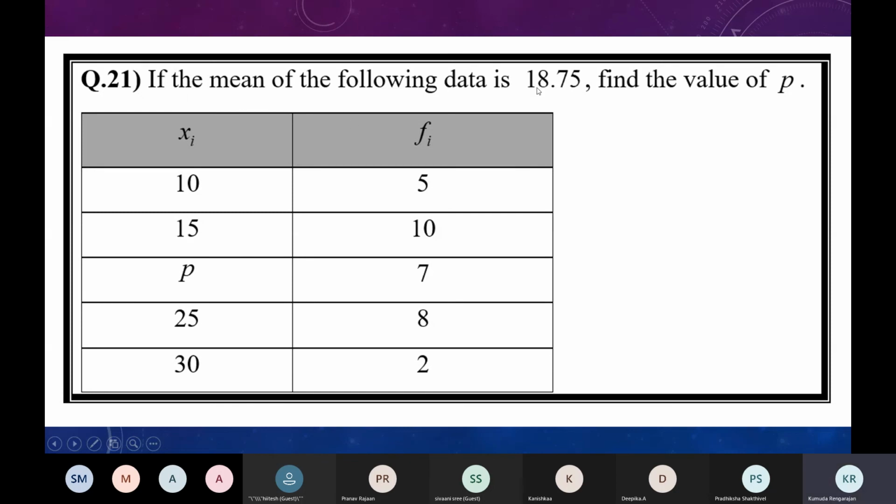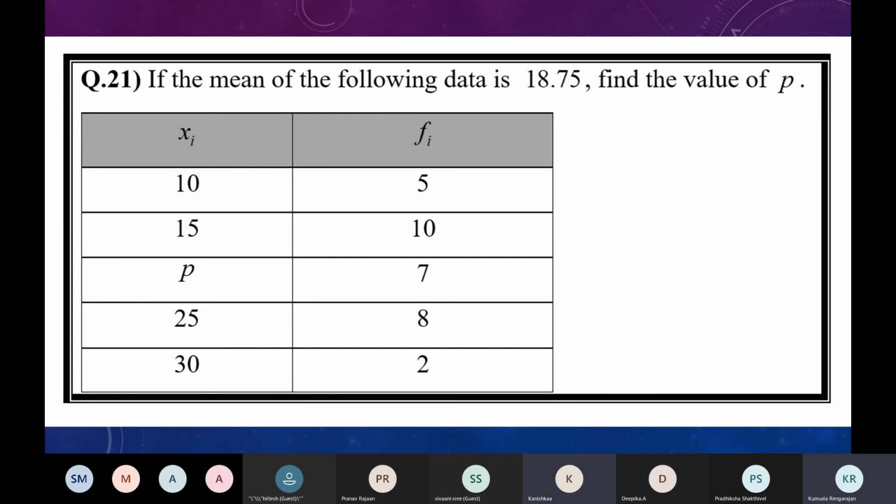So if the mean of the following data is 18.75, find the value of P. The same thing, we just have to do the same procedure. What is the other column we need to generate? What is the column heading?